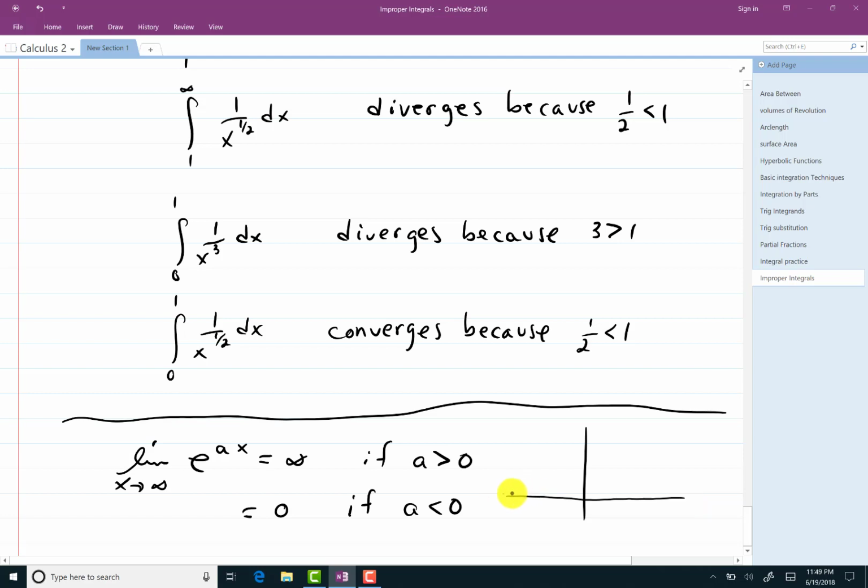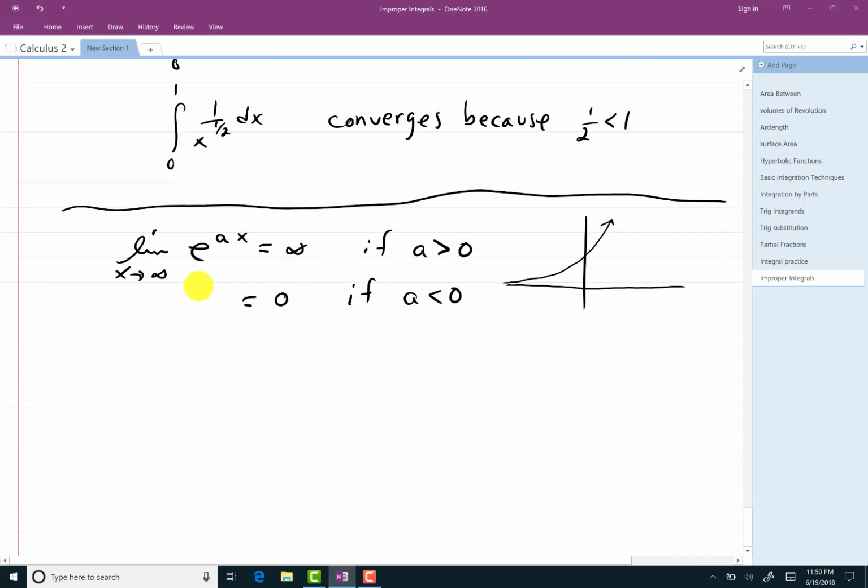That means as you go to infinity, it'll be infinite. The other direction will be 0. You could flip this around by changing a to positive or negative, and it will simply reflect this graph about the y-axis, and you'll have an opposite thing occurring. That's important for some of the stuff we're going to do.